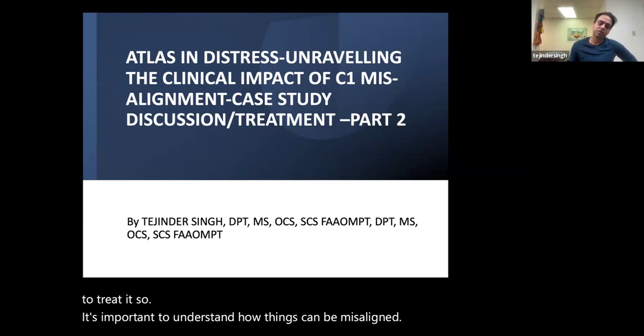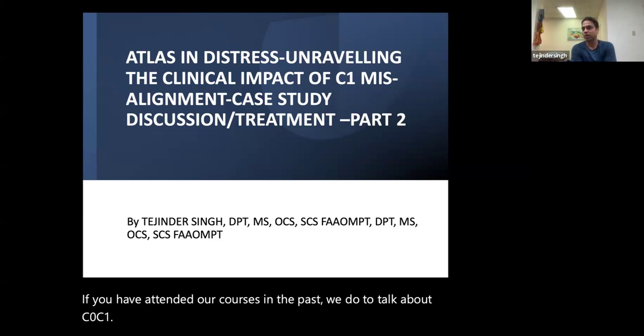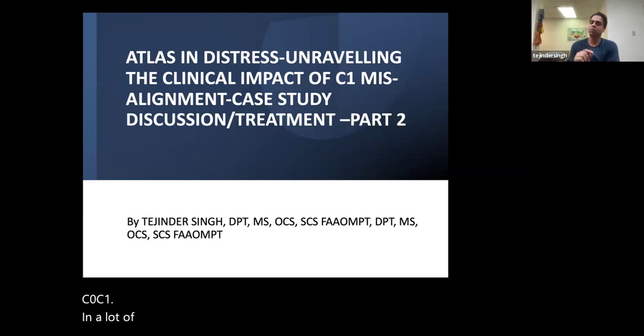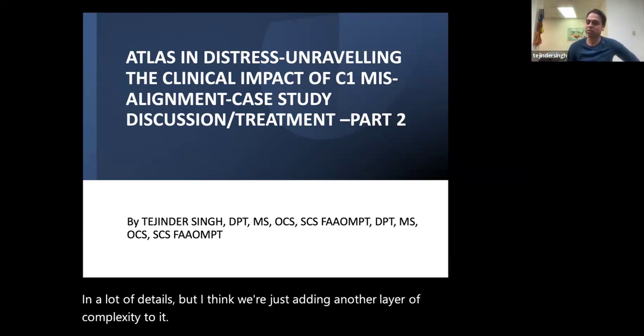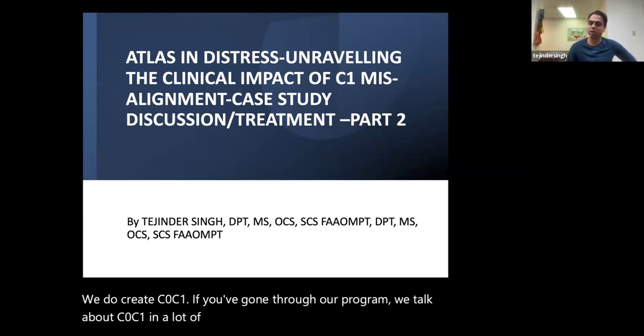If you have attended our courses in the past, we do talk about C0, C1 in a lot of detail, but I think we're just adding another layer of complexity to it. We do treat C0, C1. If you've gone through our program, we talk about how to screen it.